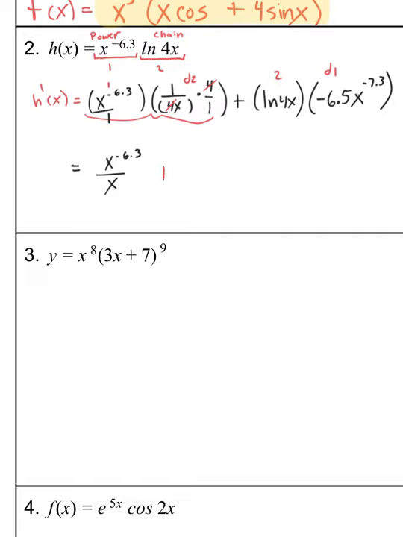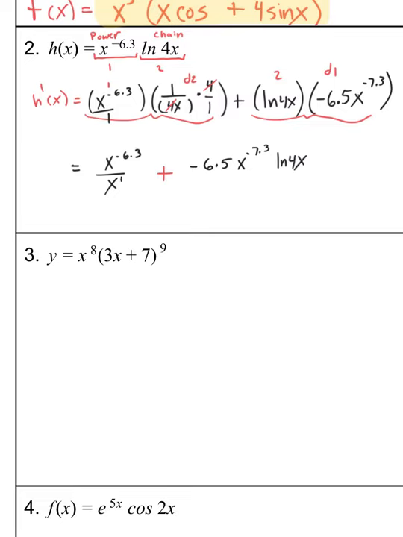Alrighty, if I simplify this term right here, I'm just going to put the number out front. So negative 6.3x to the negative 7.3, and then ln 4x. All right, right here, if I'm dividing two exponents that have the same base, this is x to the first. Remember, I subtract there.